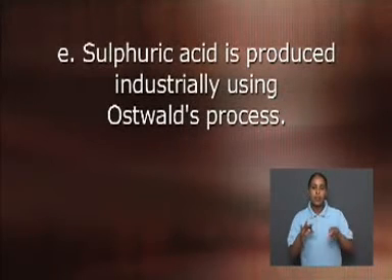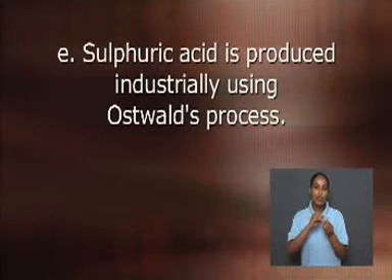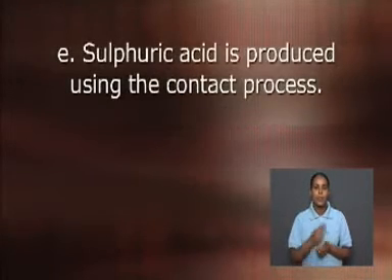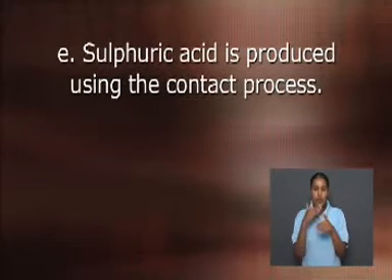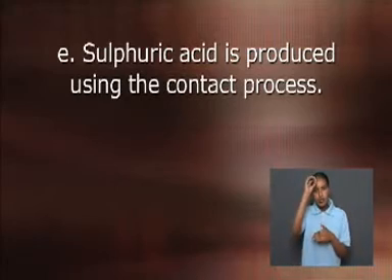Statement E is also false. Sulfuric acid is produced industrially using the contact process, not Ostwald's process. I'm sure you remember that Ostwald's process is used to manufacture nitric acid.